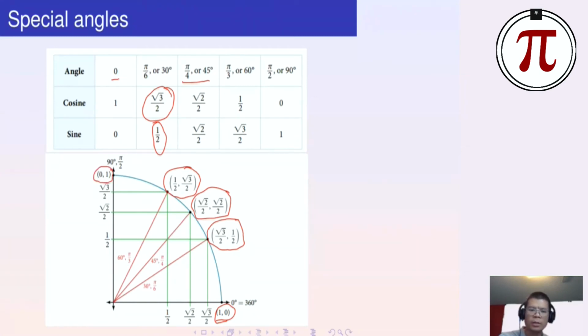So cosine is 0, sine is 1. Here is a summary of these special angles. Later on, by special angles, we mean multiples of pi over 6, pi over 4, and pi over 2.